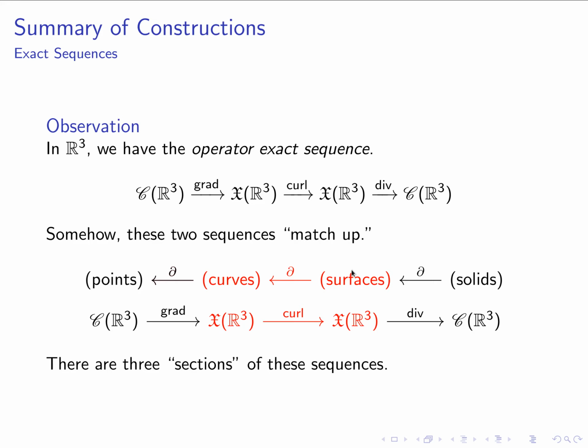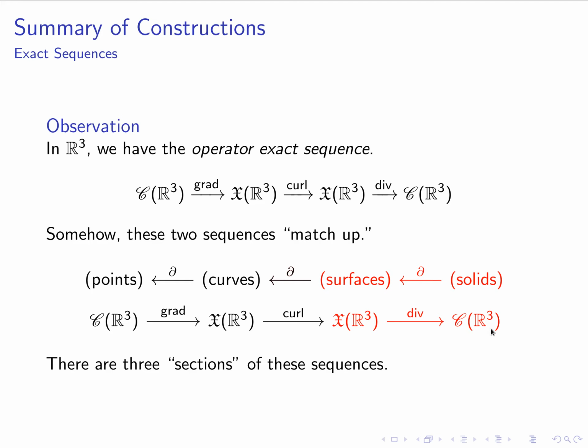Here we're equating the idea of taking the boundary of a surface and producing a curve to the concept of taking the curl of a vector field and producing a new vector field. Finally, we have analogies between the concepts of taking the boundary of a solid and taking the divergence of a vector field and producing a scalar field.